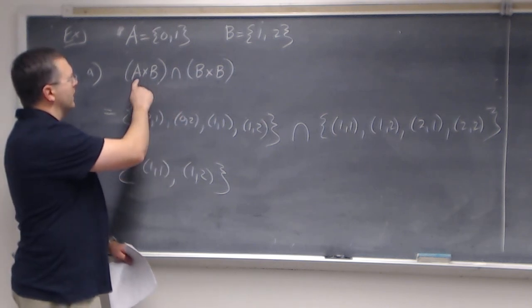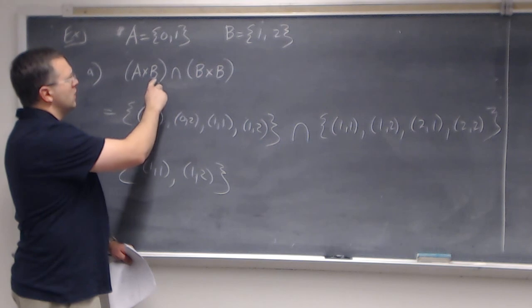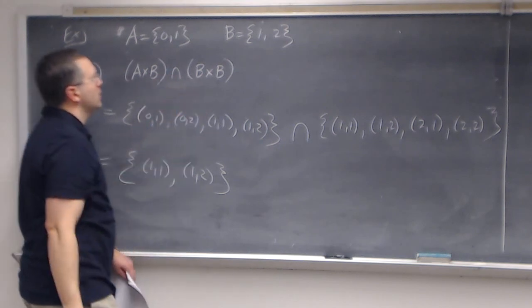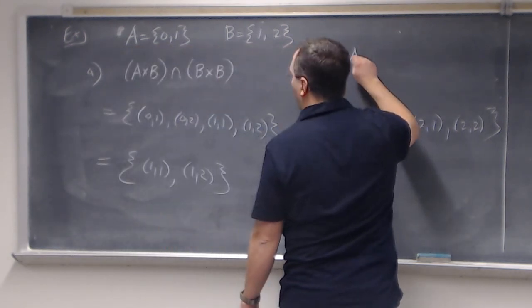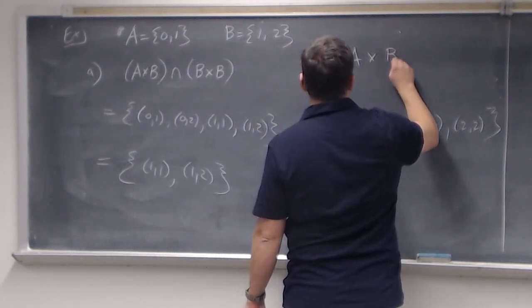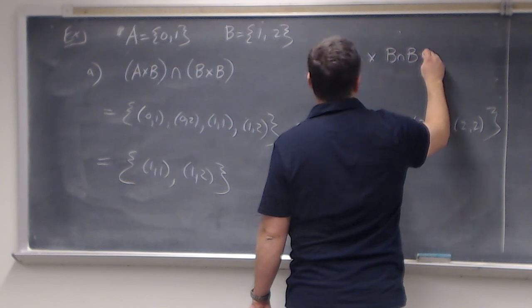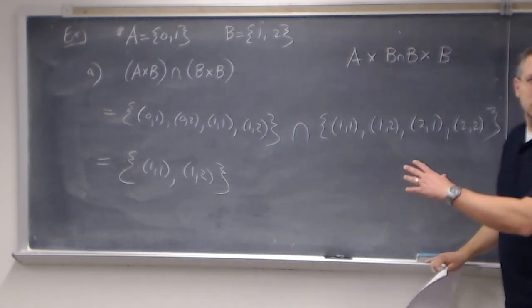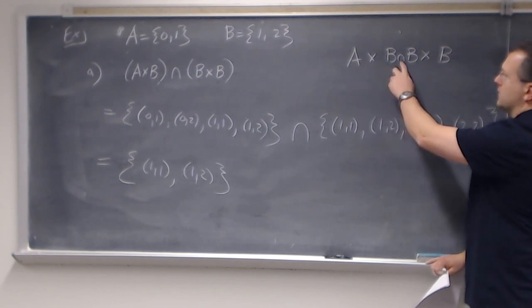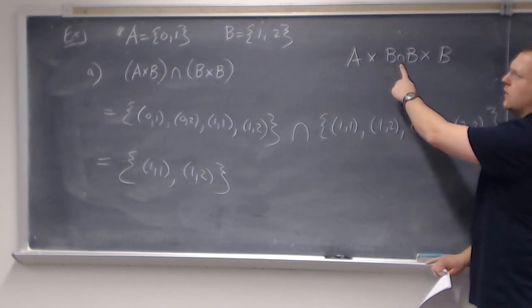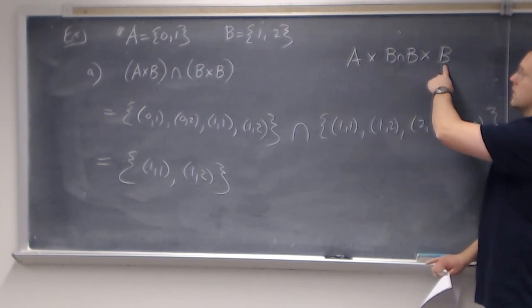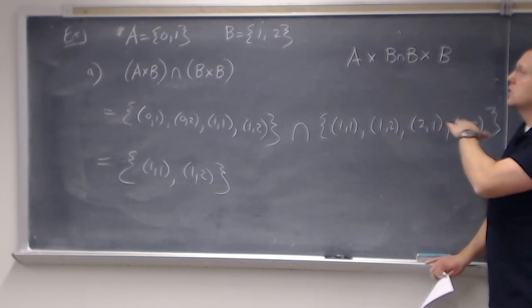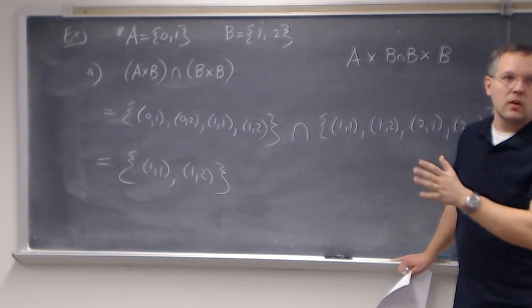So it would be like A cross B union B. If I wrote A cross B intersect B cross B, would this be ordered triples, where the first element is in A, the second element is in B intersect B, which is just B? It would be ambiguous. So it shouldn't be done.